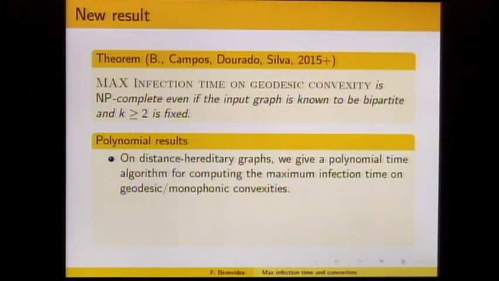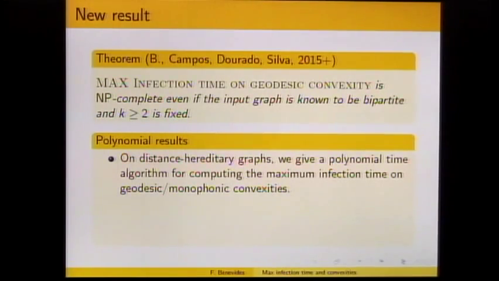On the other hand, we also searched for some polynomial time results. Since the general problem is difficult, we considered a particular class of graphs, the so-called distance hereditary graphs. The distance hereditary graphs are precisely those graphs in which the monophonic and geodesic convexity coincide.